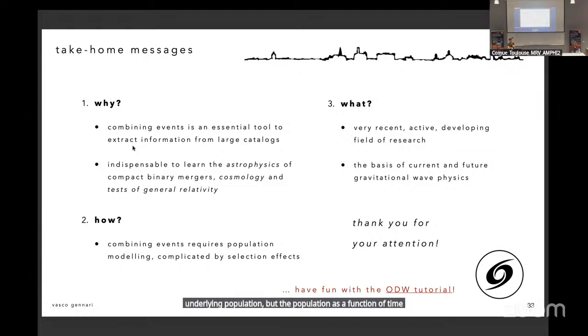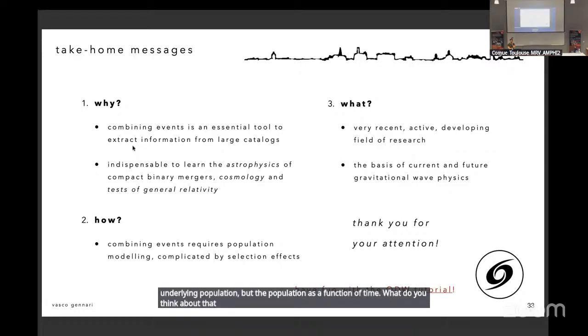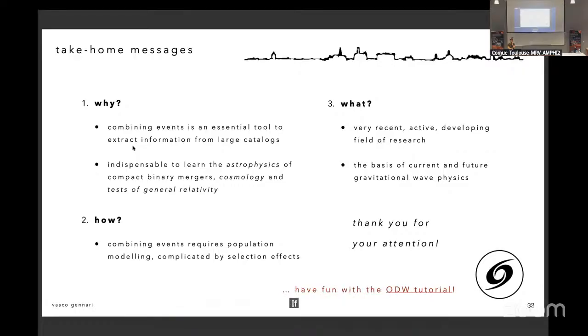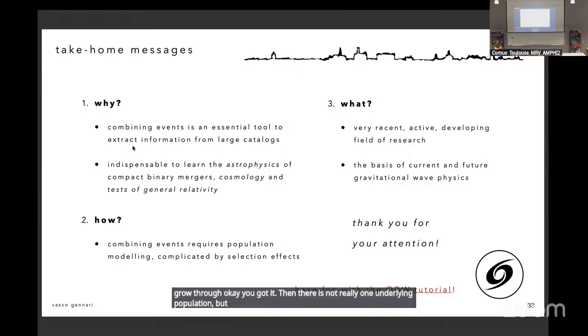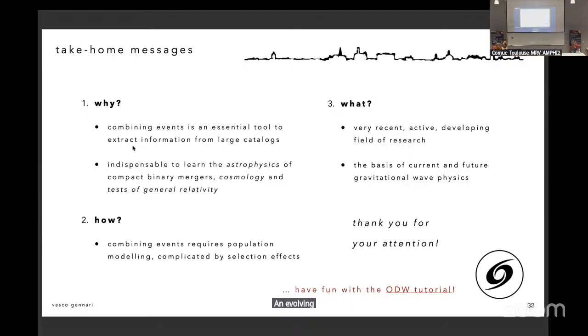What do you think about that? If there are hierarchical processes, and black holes grow through them, then there is not really one underlying population, but an evolving population through time.